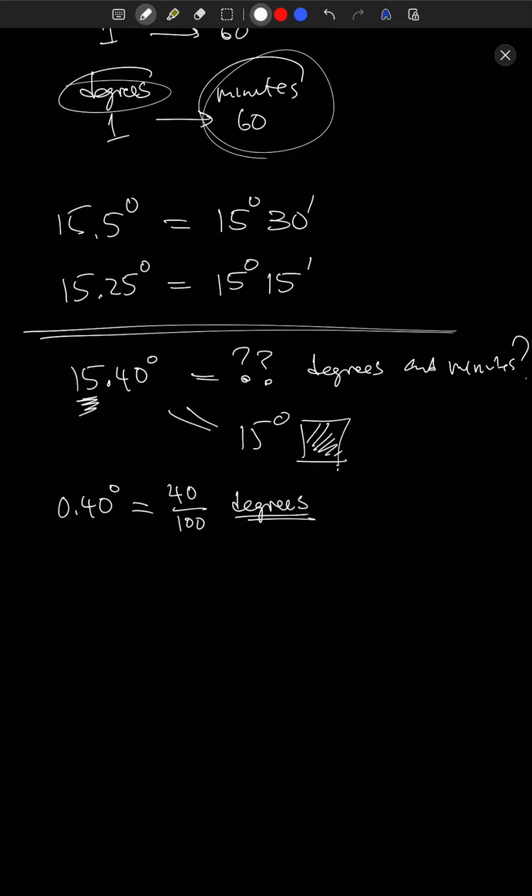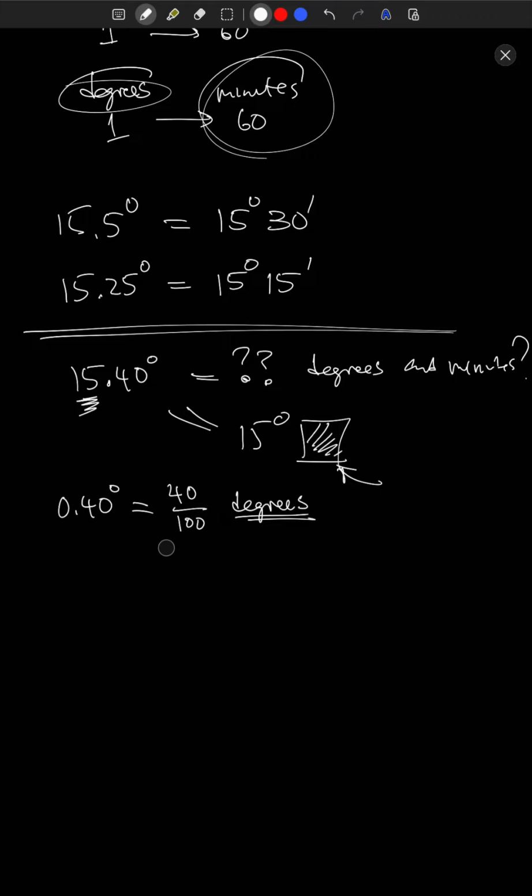Now, what about minutes? We want to convert this to minutes. How do we measure things in minutes? Well, 60 minutes is 1 hour, or 60 minutes is 1 degree. So we're measuring things in terms of 60 being 1, instead of 100 being a full thing.